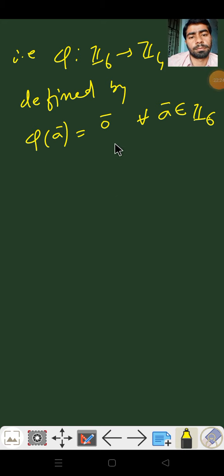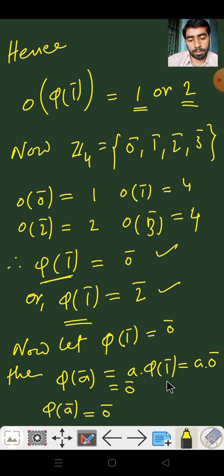Now the other homomorphism that we will get from Z6 to Z4 is when phi of class 1 is equal to class of 2, that is the second case.